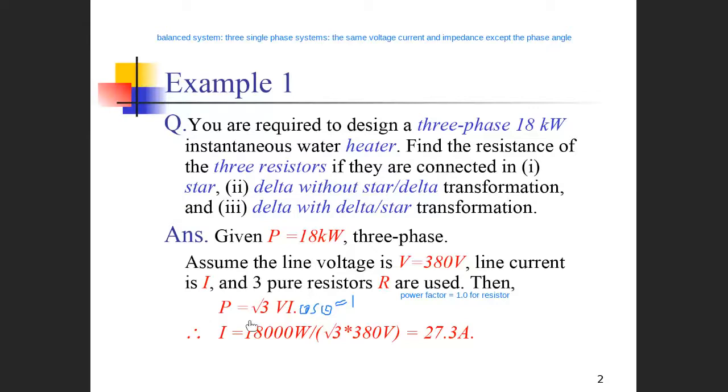The real power, as you know, for balanced three-phase systems, using the line voltage, line current, and root 3 is enough. So line voltage, line current, root 3, and the power factor give the true real power. Here the real power is given as 18 kilowatt.